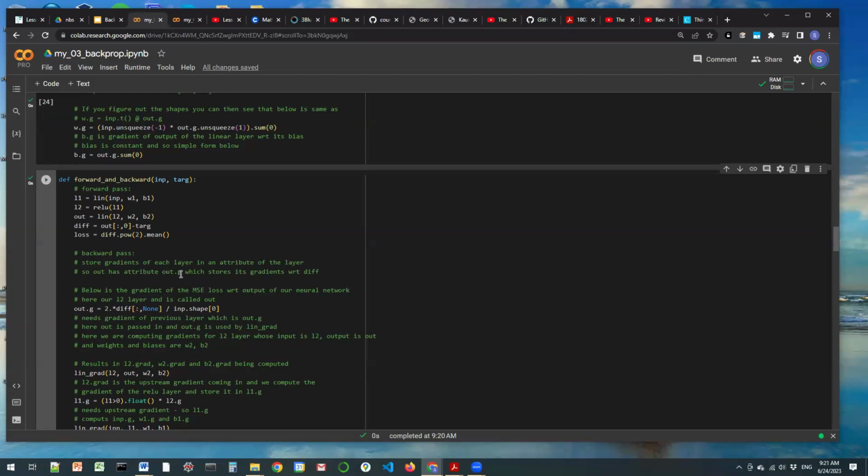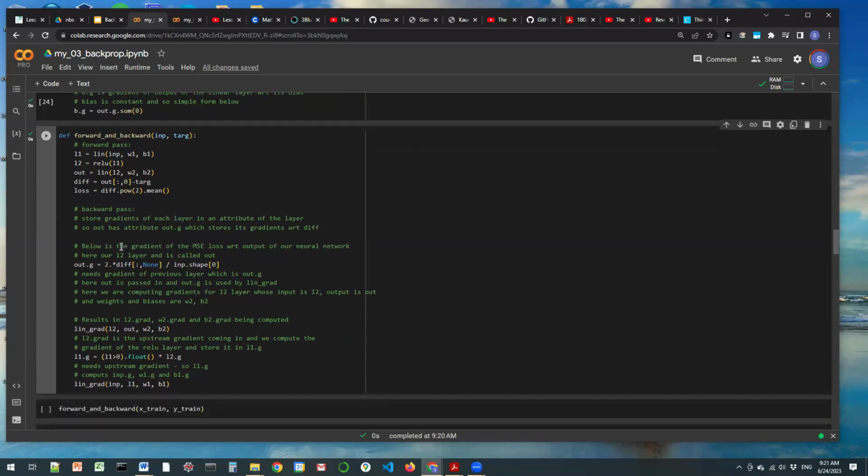So out has an attribute out.g, which stores the gradient of the loss with respect to out. Now, I think this is what I was encouraging you to do. At least I tend to do this myself, write out the explanation so that when I come back to the notebook later, I have a clear explanation of what is happening in the cell, right?